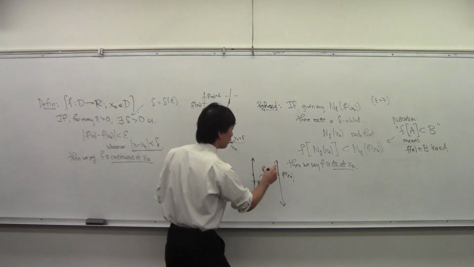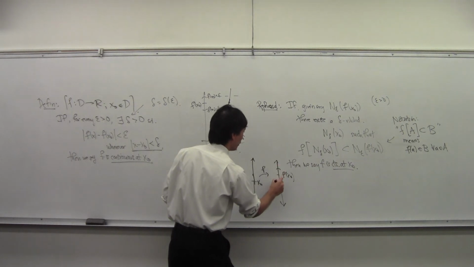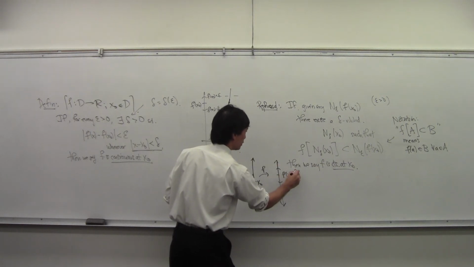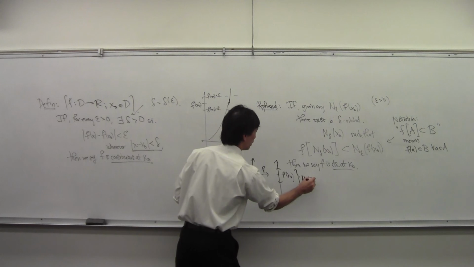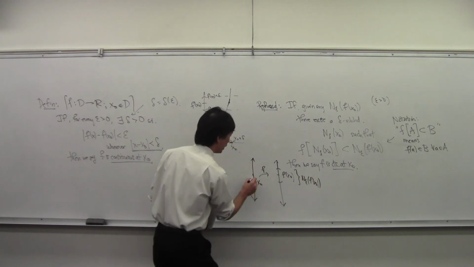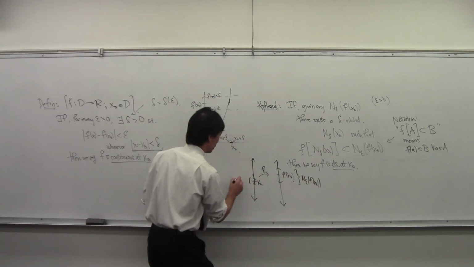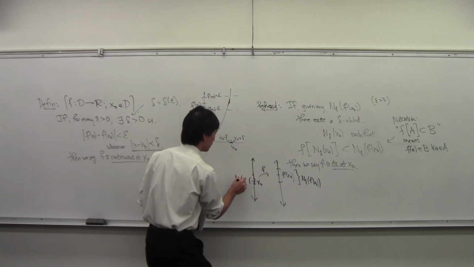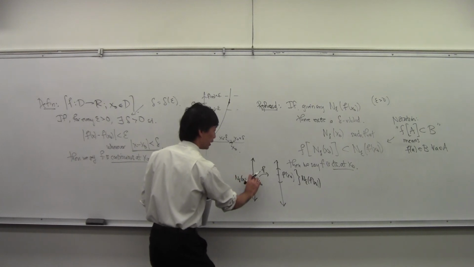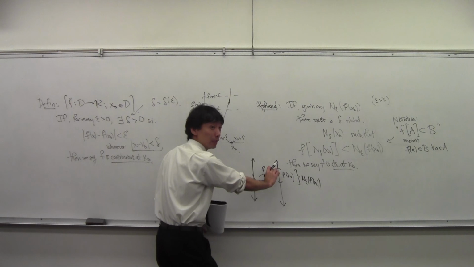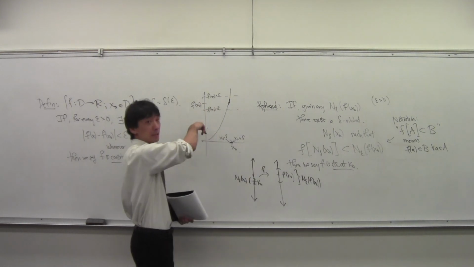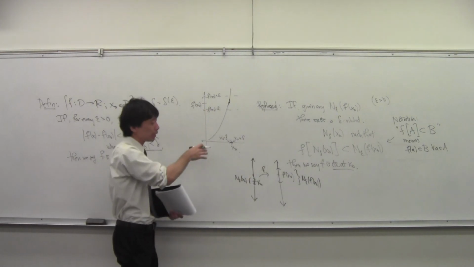And it's saying that no matter what epsilon neighborhood you're given, here's your epsilon neighborhood of f of x naught, there's some delta neighborhood over here such that everybody in here gets mapped inside that epsilon neighborhood. And that's exactly the same thing we're saying here. It's just a slightly different viewpoint.